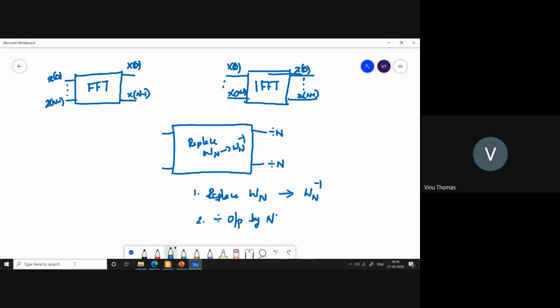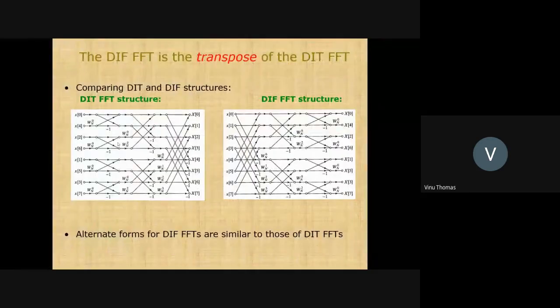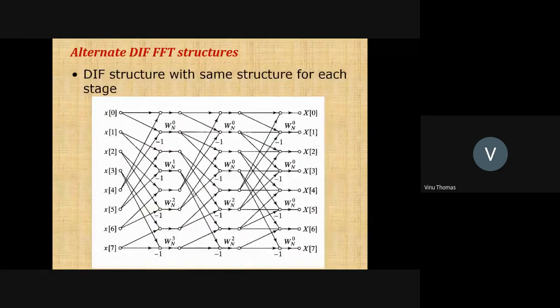So I can have an IFFT structure by replacing all these Wn raised to n by Wn raised to minus n, and Wn raised to k will become Wn raised to minus k here. Is that understood? And then you have to divide the final output by n. So that should give you the output. Can you appreciate this? Do you want me to discuss this further?